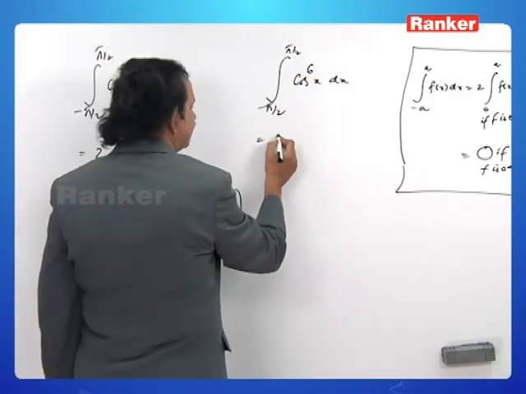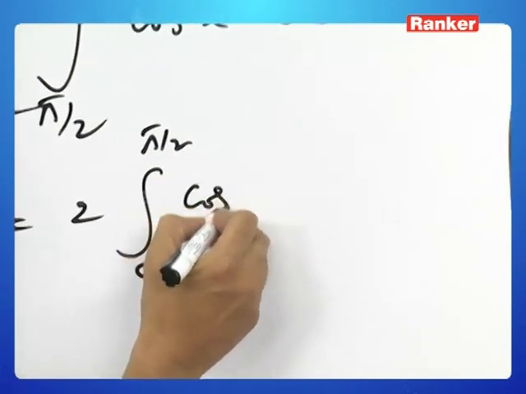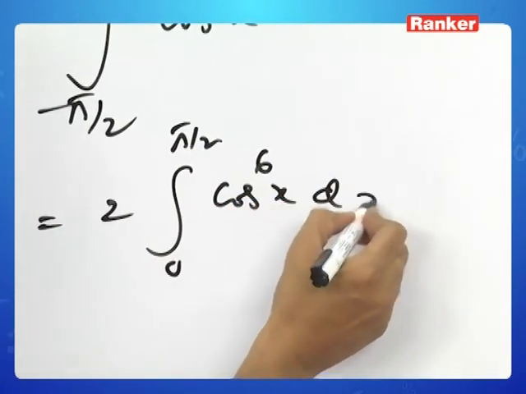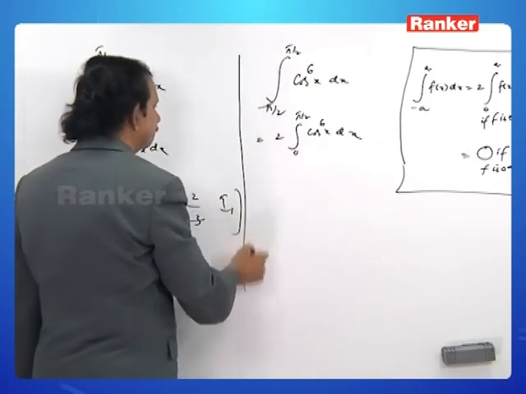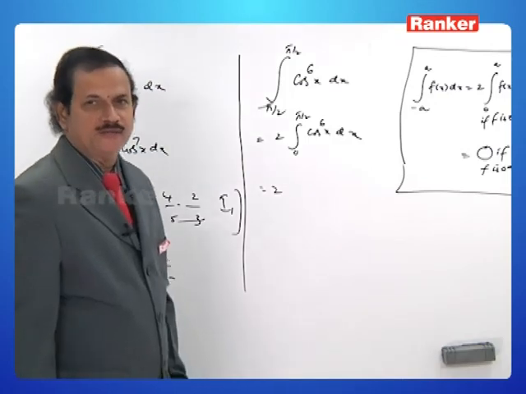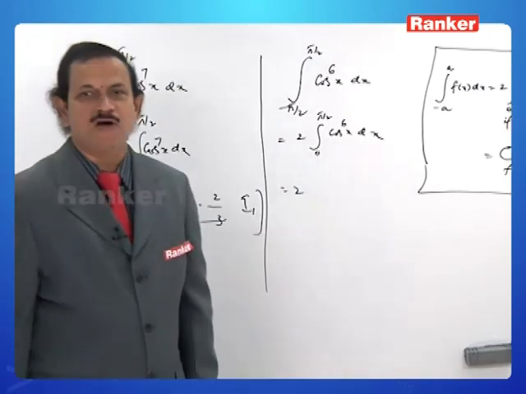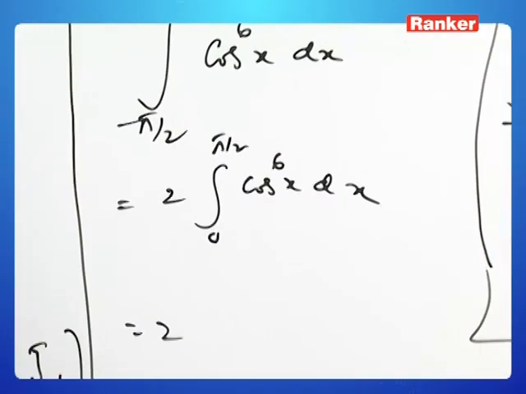Hence, it can be taken integral 0 to pi by 2 cos power 6x dx. Well, 2 into cos power 6x. Again, it is in the standard form of I6, isn't it? Instead of In, we have I6.